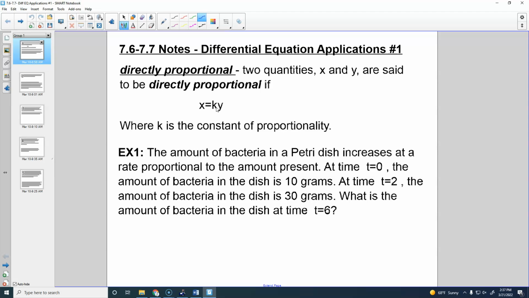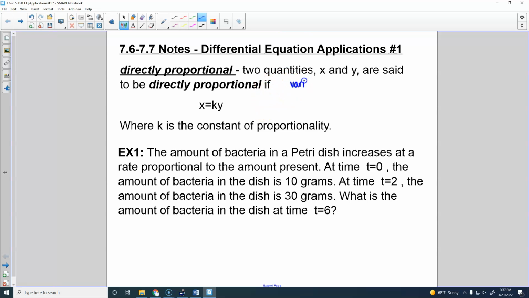Another phrase you may sometimes see is "varies directly," so you might want to write that down. It means the same thing as directly proportional.